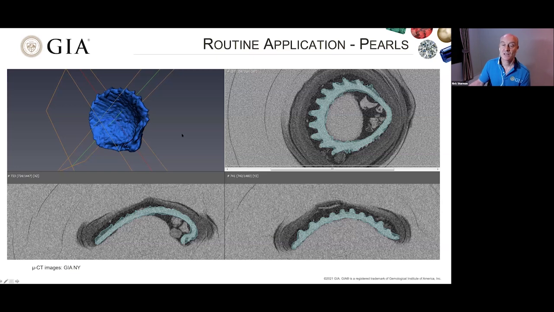So it can be very useful. And I would also note that here the detail of the CT is much finer. If you replay the video later and compare to the one I showed you earlier, the grain size is much finer. So this was a higher quality CT result.